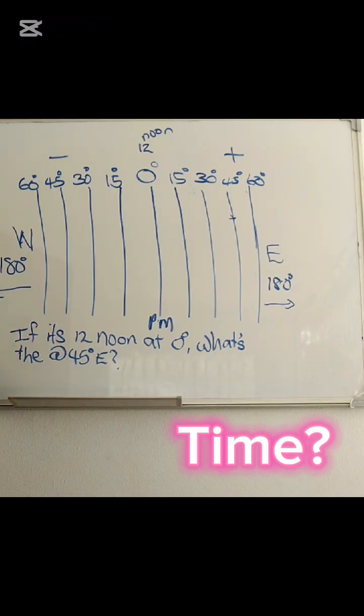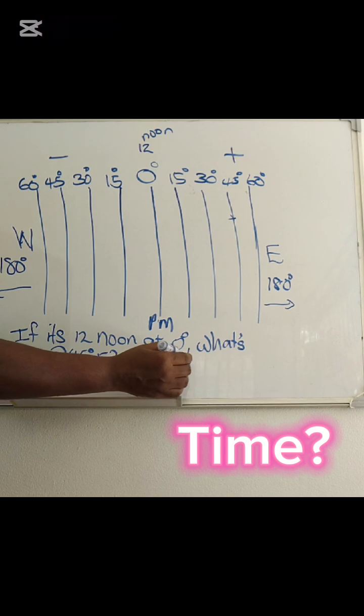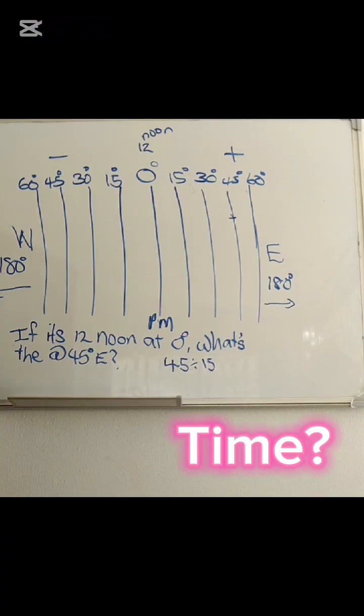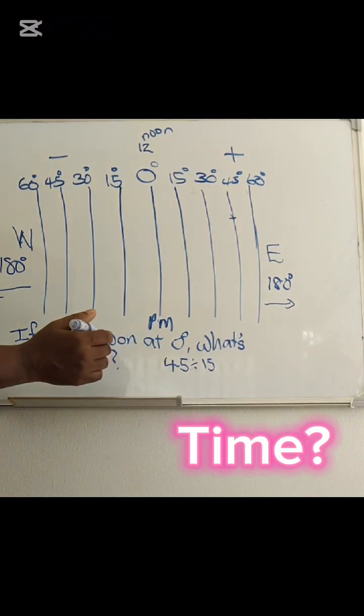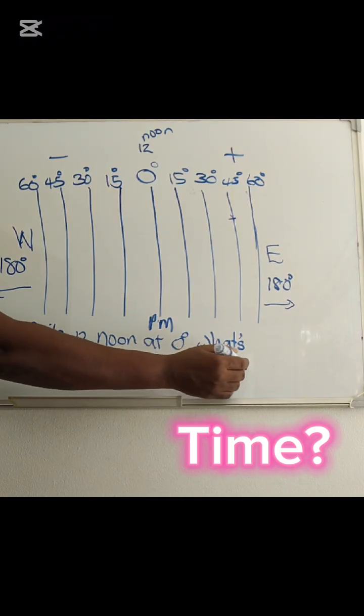We're going to work it two ways. Okay, so look at this now. We can say 45 divided by 15, and that gives us 3 hours.